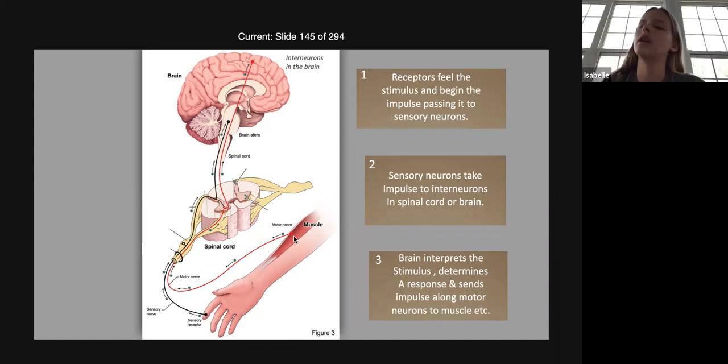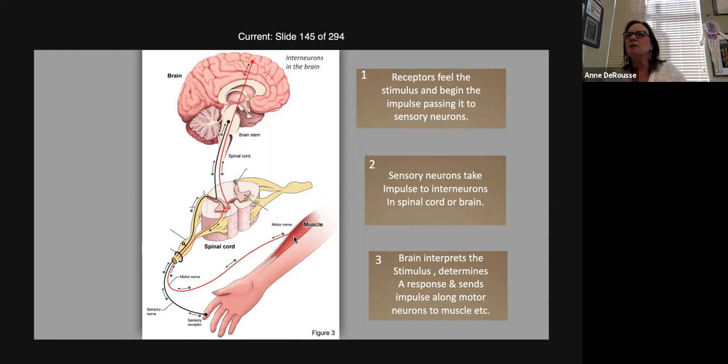Mrs. Drews, on this one, I wasn't sure if it was a reflex or not, because I was thinking, when your partner touches you, it could hurt. But I guess it doesn't really hurt because you're not in pain and trying to move. Right. A reflex is a movement that happens automatically without you thinking about it.